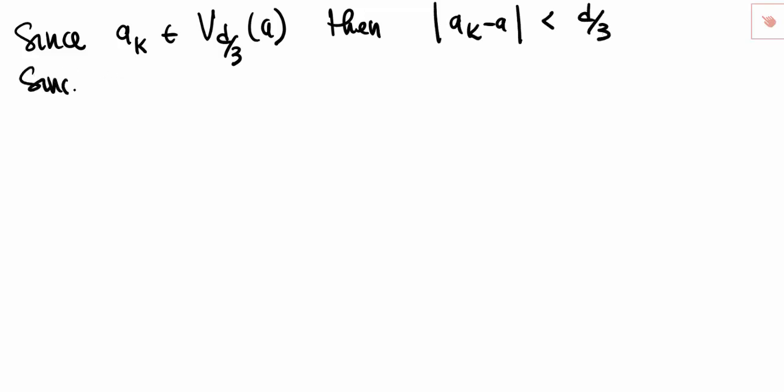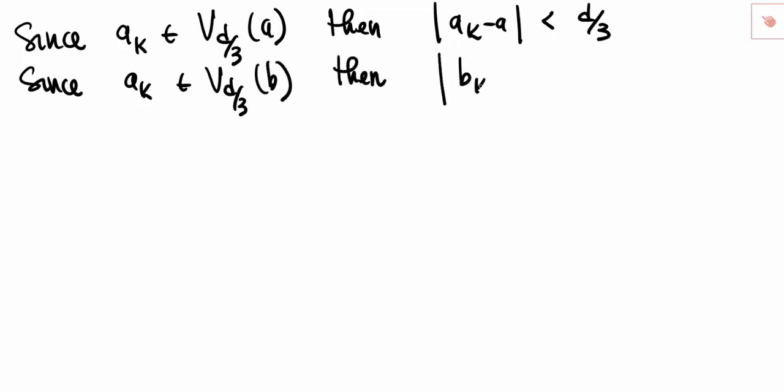And since a_k is in a d/3 neighborhood of B, the distance between a_k and B has to be less than d/3.